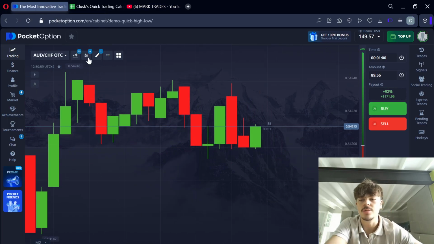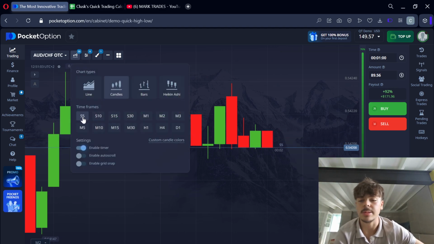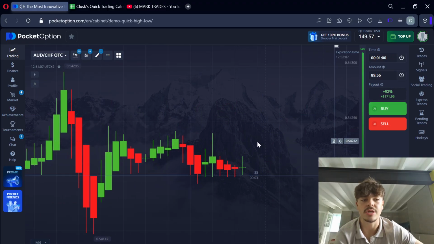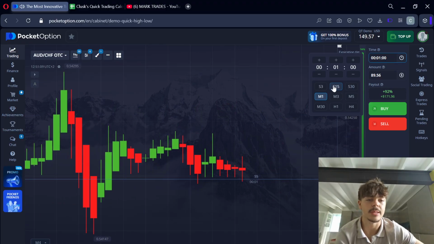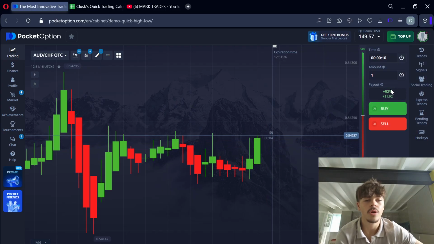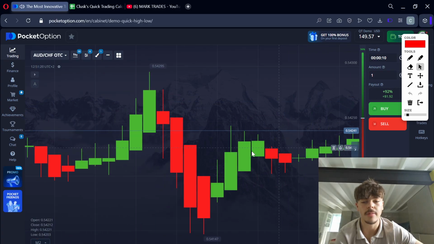So how the strategy works is you need to set your candlestick time frame here to 5 seconds and Heikin-Ashi. So 5 seconds Heikin-Ashi, and then your trade time needs to be 10 seconds. How the trade is going to work is, let me zoom into this chart a lot better.